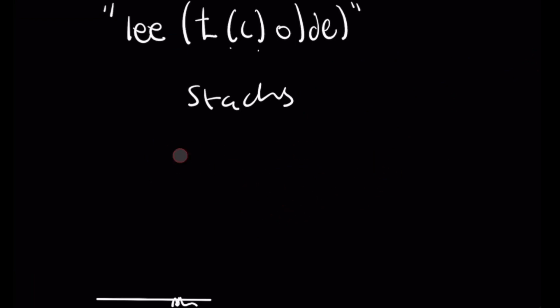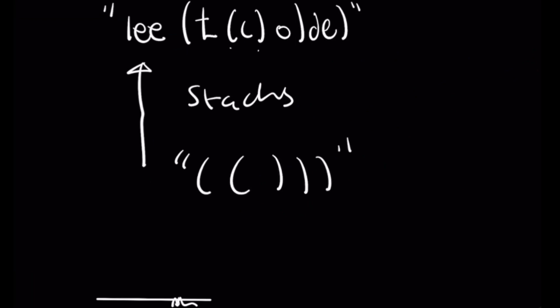For example, to simplify things, let's look at the given example. The question requires us to check if the string has valid parentheses. Therefore, for now I'll be ignoring all the rest of the characters that are not parentheses, so this will become like so.